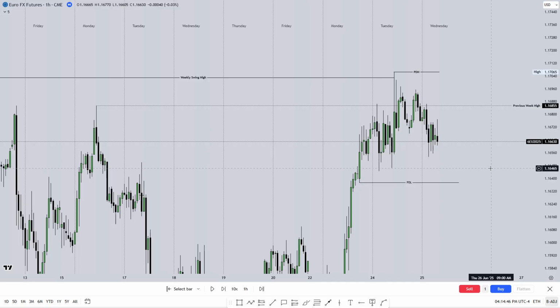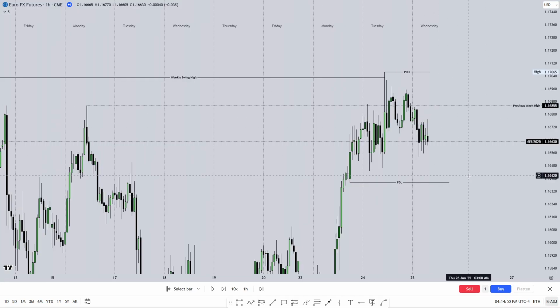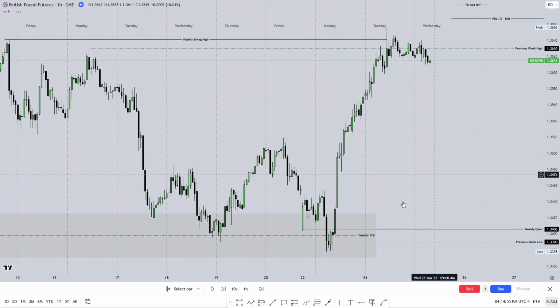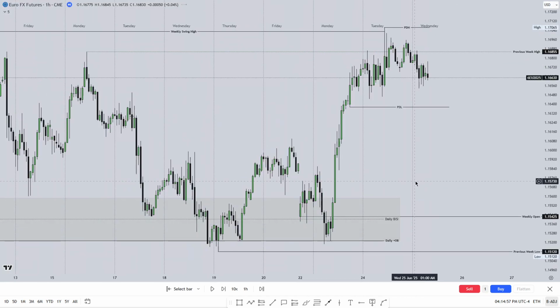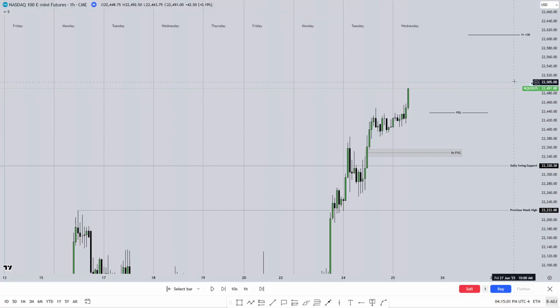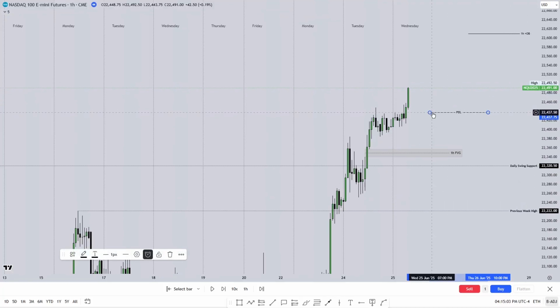The reason I chose currencies and Euro over NQ is because if I go and take a look at NQ right here, whoops, let me find my spot. If we go take a look at NQ right here, where is your previous day high? Right here, right?